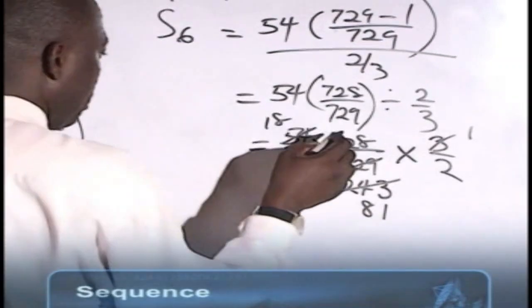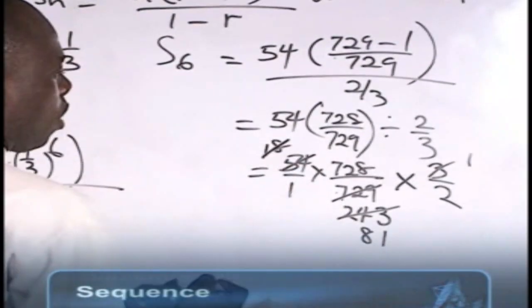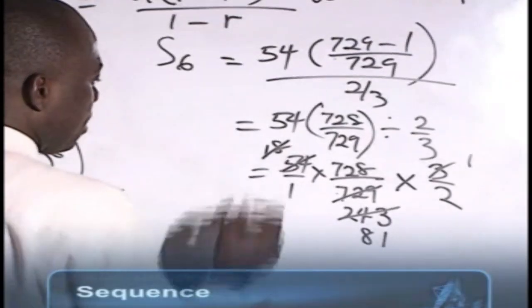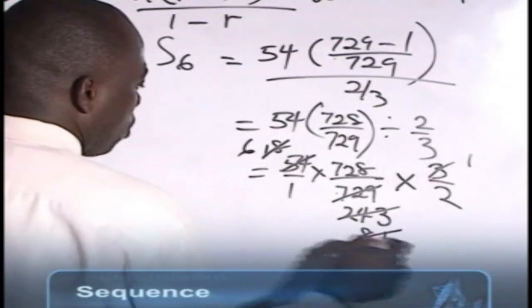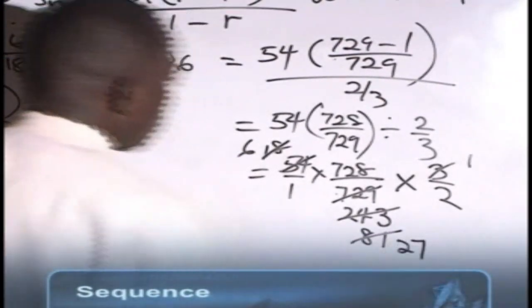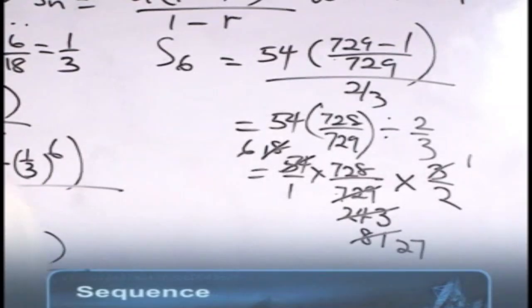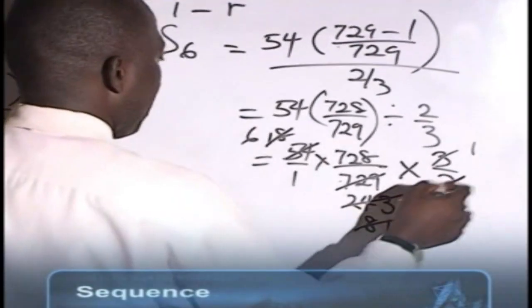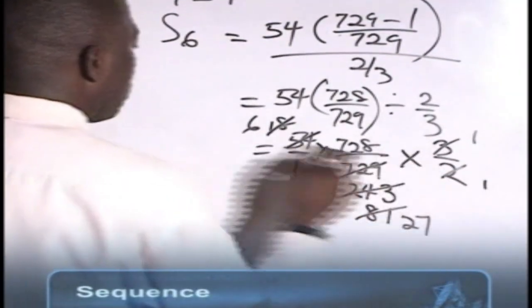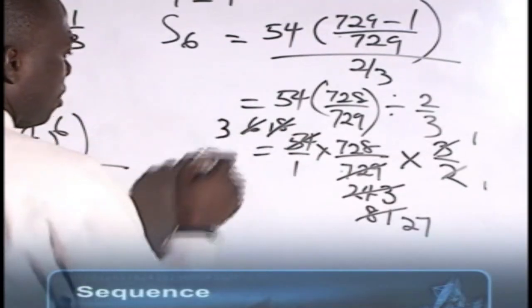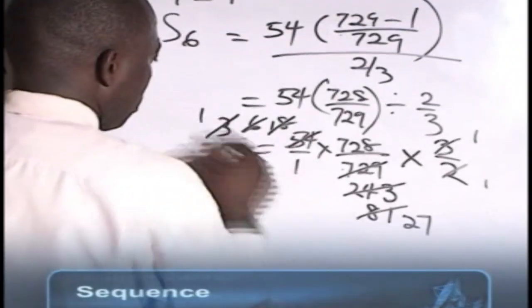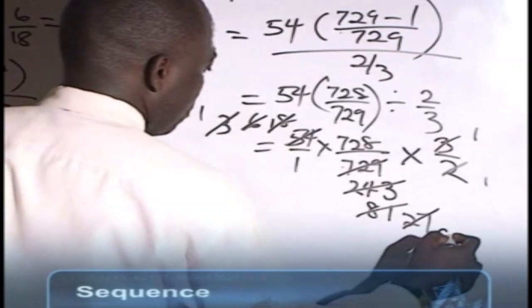Then use 3 again. 3 will cut 18 6 times. It will cut here 27 times. So you have 2 here 1, 2 in 6, 3. 3 here 1, 3 in 27, 9.